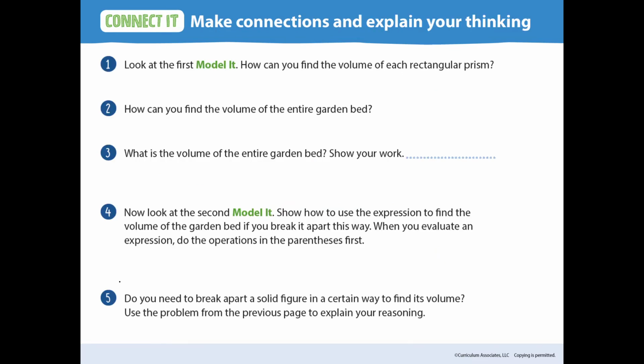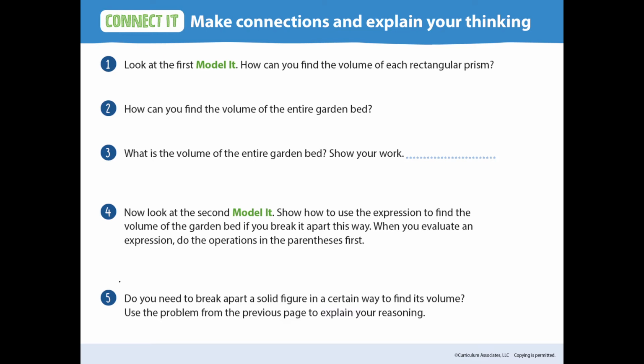Connect it. Look at the first model it. Number 1, how can you find the volume of each rectangular prism? To find the volume of each rectangular prism, you multiply the length times the width times the height. Number 2, how can you find the volume of the entire garden bed?